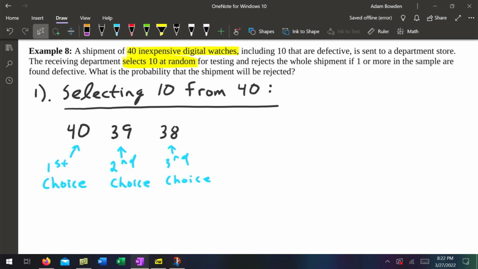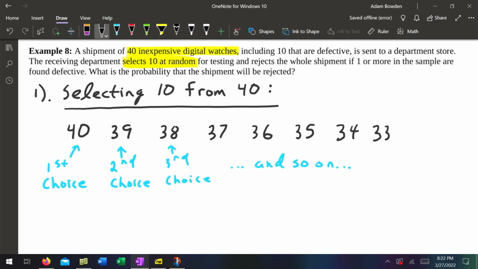And this is going to continue onward from the 37 for the fourth choice, the fifth choice, the sixth choice, the seventh, the eighth, the ninth, and the 10th. So this would be the 10th and final pick from the set of watches.